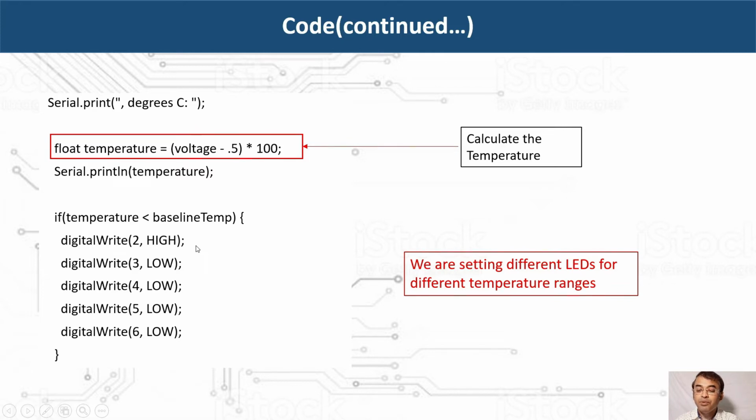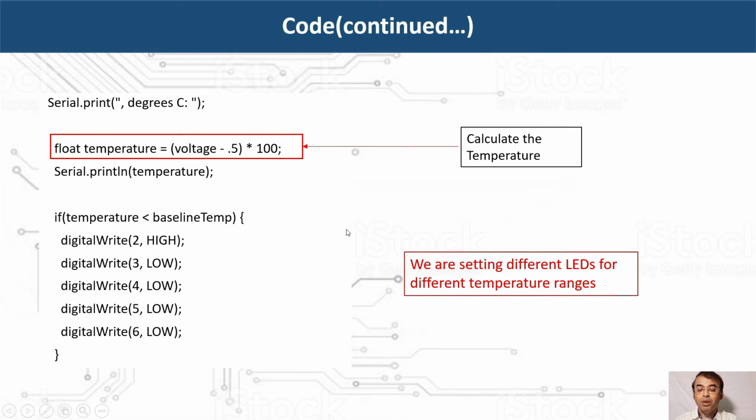Now I have used an if statement. If the temperature value is less than the baseline temperature, then digitalWrite pin number 2 is high, so the first LED will start glowing. We are setting different LEDs for different temperature ranges.